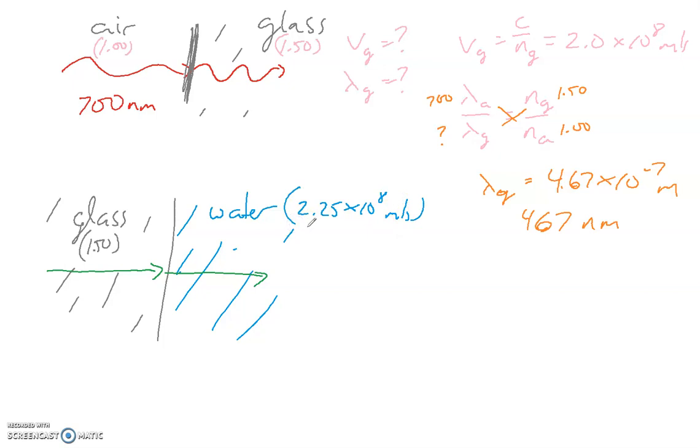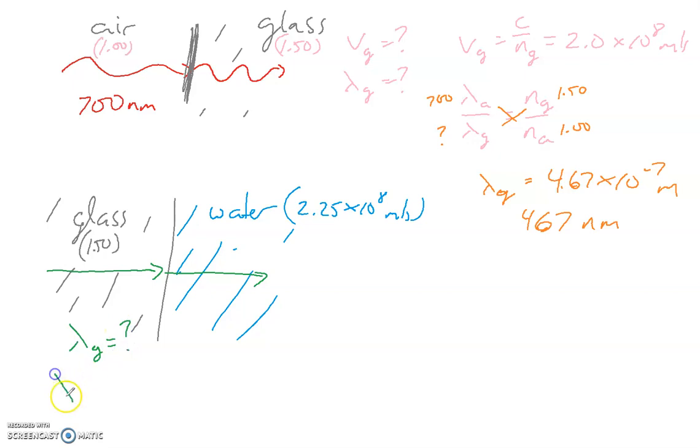Okay, so let's say we have our green light. Green light in a vacuum, green light all by itself, has a wavelength around 520 or so, 525, somewhere around there. There's a bit of range, of course, and we can figure out the wavelength of green light in here.